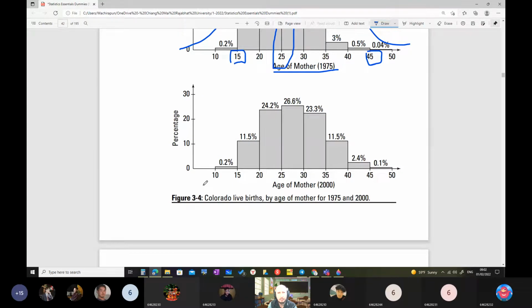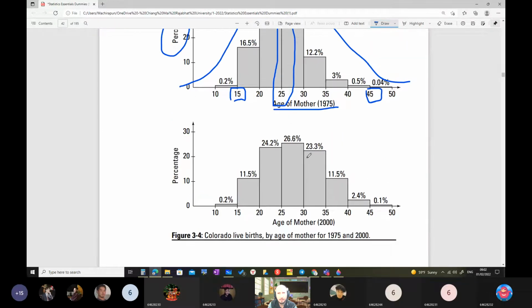And look to year 2000. Now, before, when mothers were from 35 to 40, you see very few had kids. Now, from 35 to 40, more people have kids.